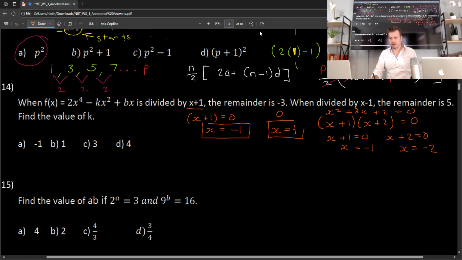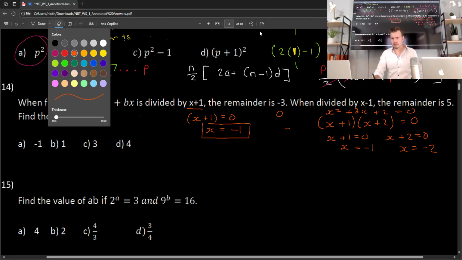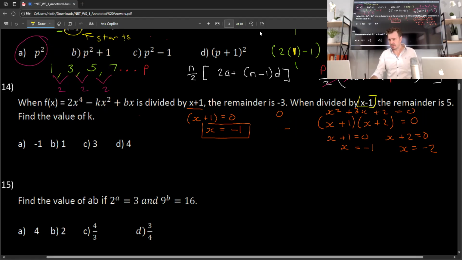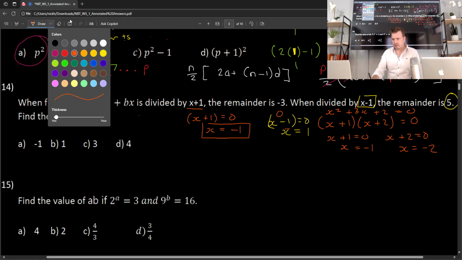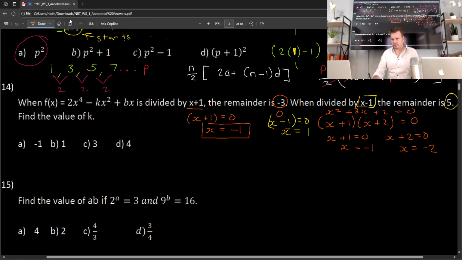Okay, so let me do that in a different color, because they are pretty similar. So the x minus 1, this one, becomes x equals 1. Okay, so when that is divided in, my remainder is 5. And when the orange one, the remainder is minus 3.